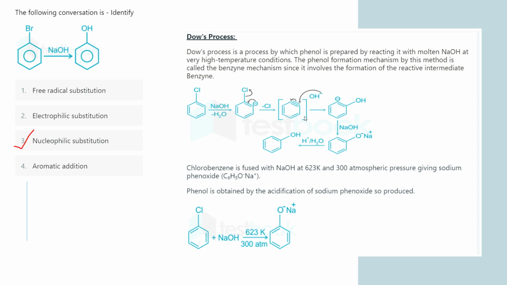Okay, this reactive intermediate benzyne contains a carbon-carbon triple bond on the ring. Okay, so in the course of the reaction, benzyne gets attacked by hydroxide, an ion of sodium hydroxide, leading to the formation of this aryl anion.